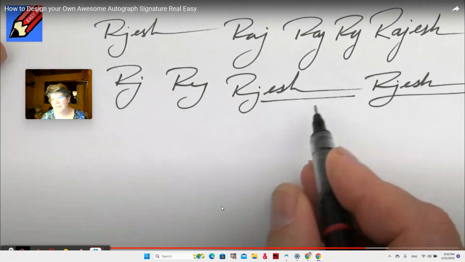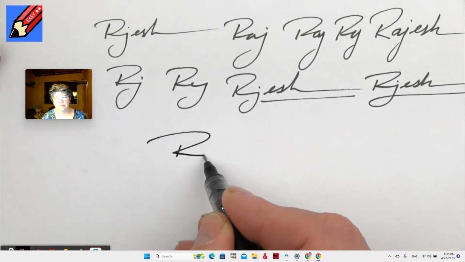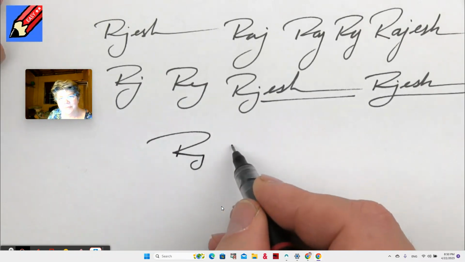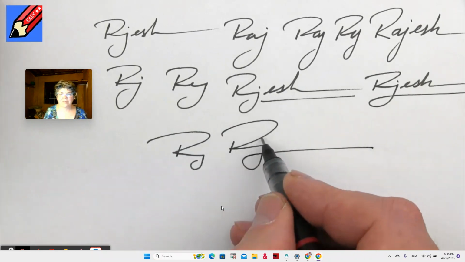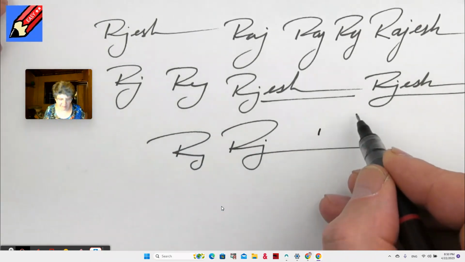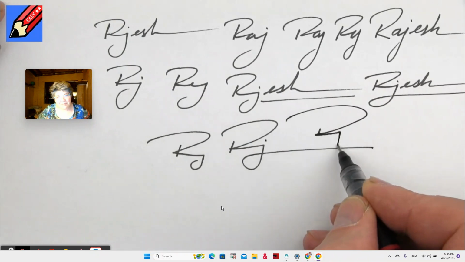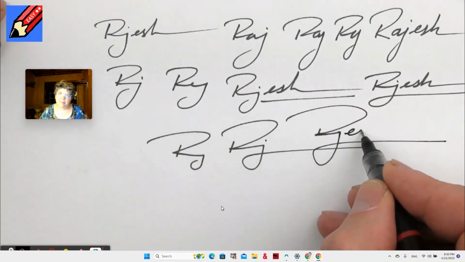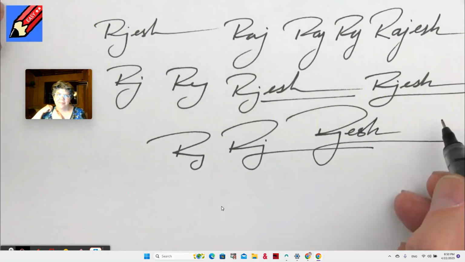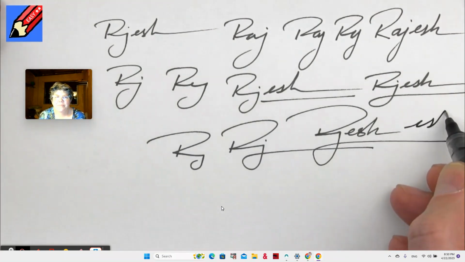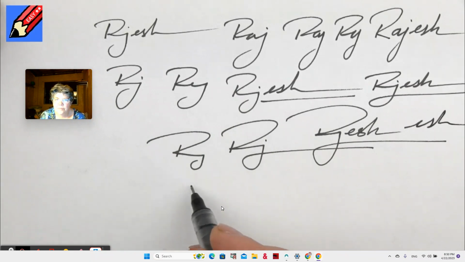This is now starting to look like an autograph. So you have to practice this motion again and again. Down, around, across, and across. So now we need to practice that bit again, and put it all together.